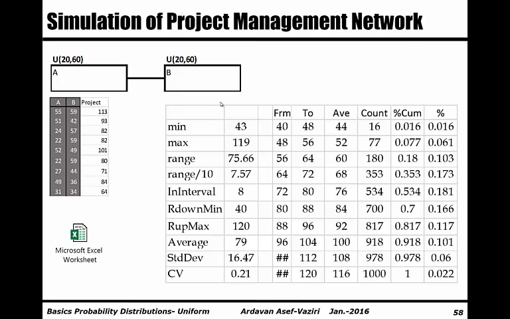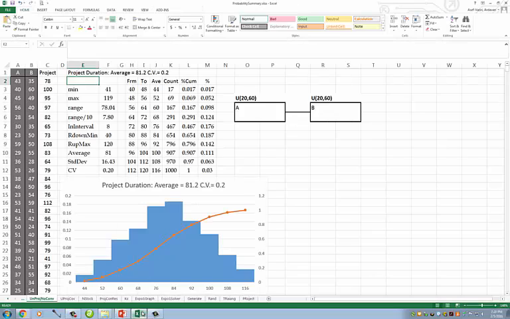The actual time has a uniform distribution with bounds of 20 and 60. Let me go to this Excel sheet. Here I am going to generate the duration of the first activity and then the duration of the second activity.